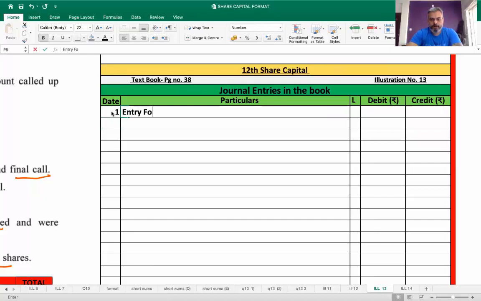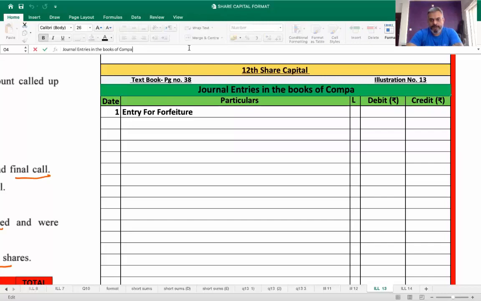The entry for forfeiture. Heading is journal entry in the books of company.